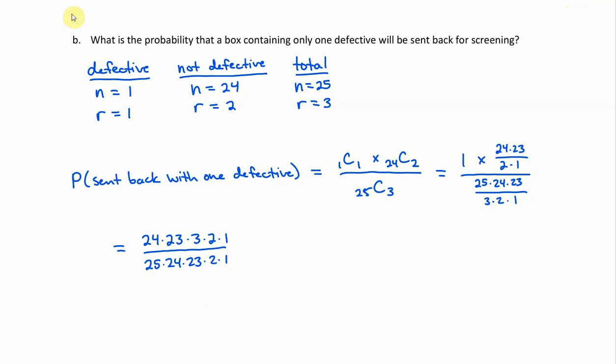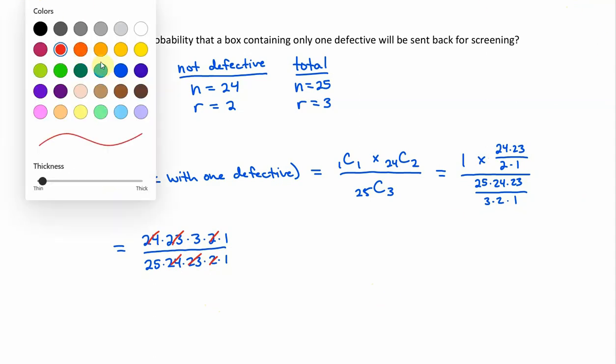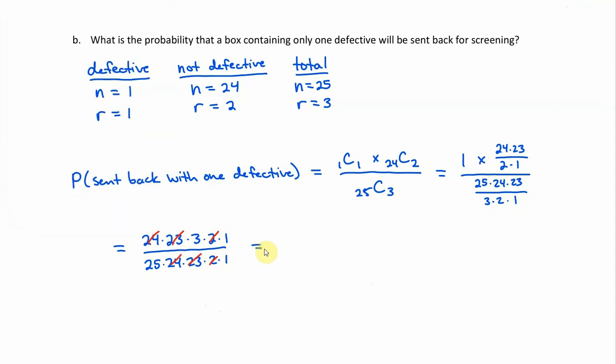But then we got a bunch of stuff that we can cancel because we've got 24s and we've got 23s and we've got 2s, and it looks like we got 3 over 25 and we're basically done. And that is true. So 3 over 25, which is equal to 0.12, and that is the answer. We get a nice terminating decimal here. And that will do it for section 4.8.